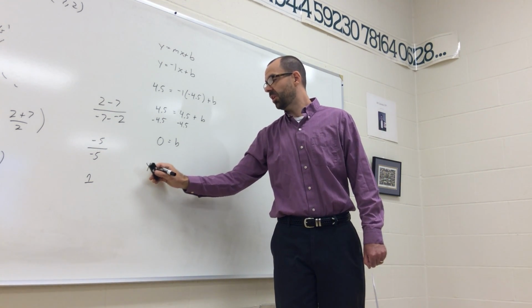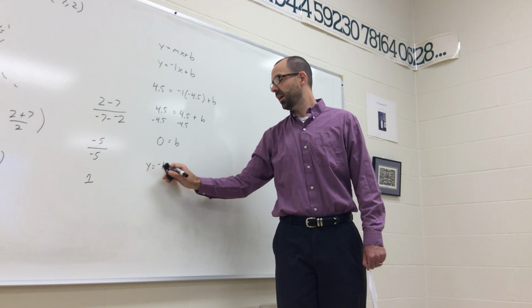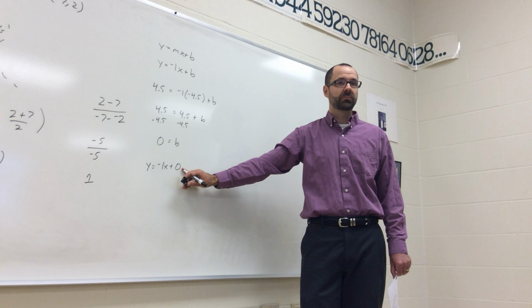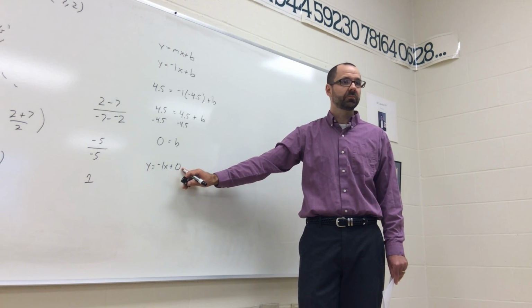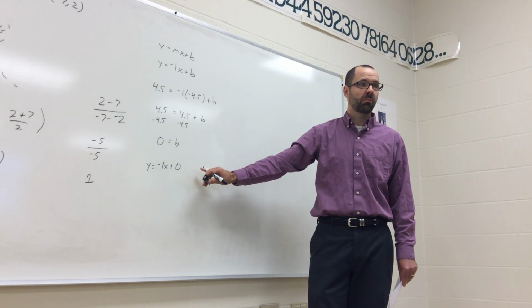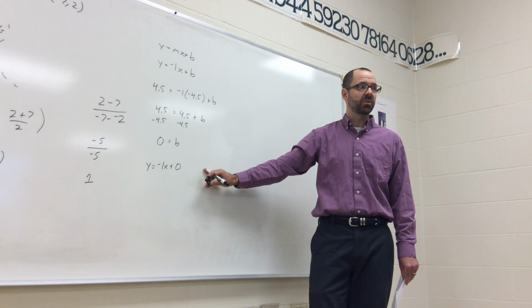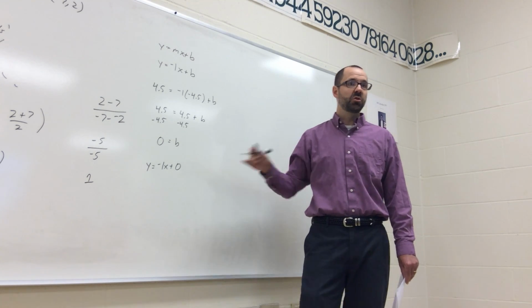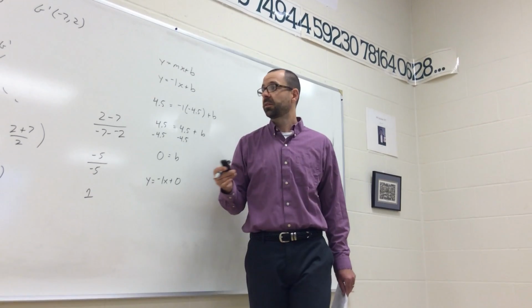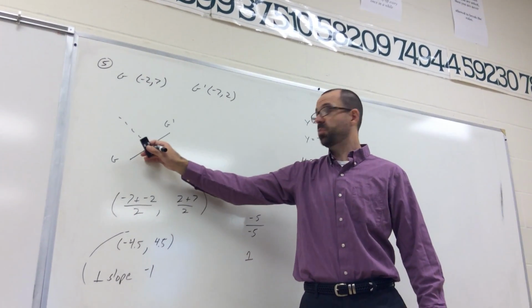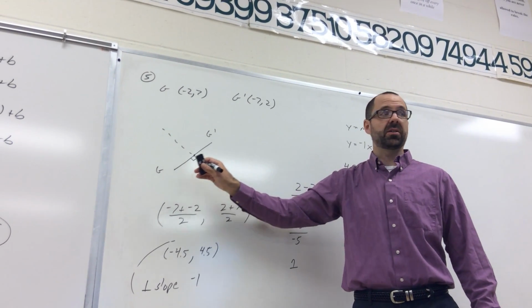So final answer is y equals -1x plus 0. Is everybody doing okay? The two key facts are: find the midpoint of the connector line, and the reflection line goes through the midpoint and is perpendicular.